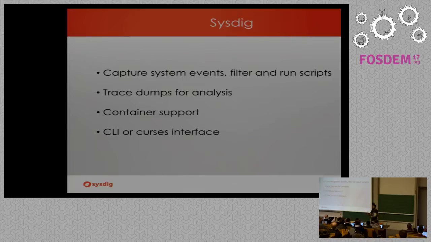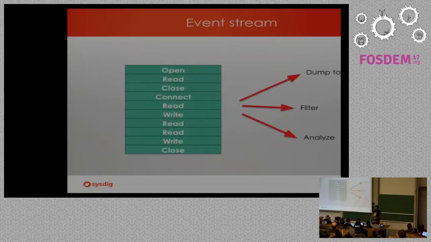We have container support, and we have a command line and curses interface. How things work internally is that we have an event stream where all the system calls are introduced: opens, reads, connects, every single call. We dump them into a disk, something like a pickup file. We filter them, we do some analysis.